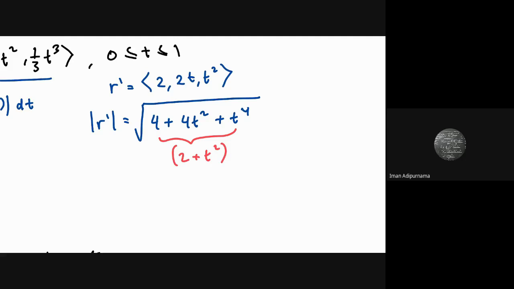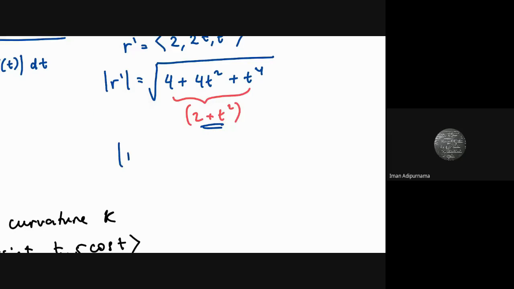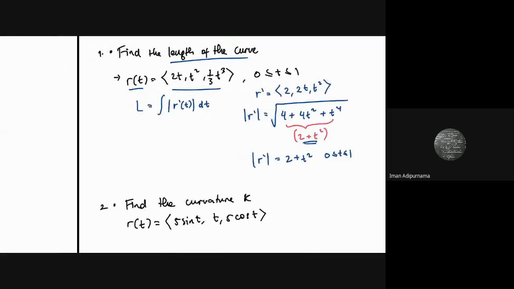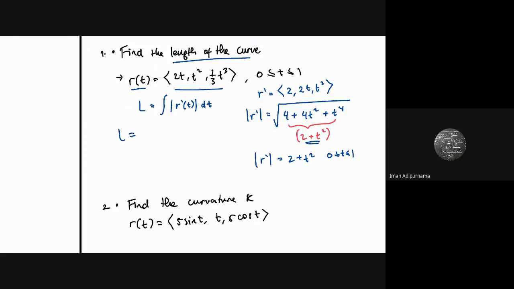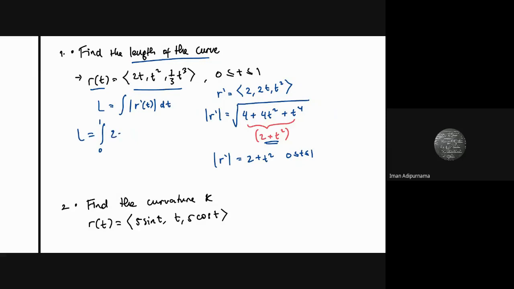If we check, it's correct, right? So let's write this as our answer. So our answer will be 2 plus t squared. Okay, this is for 0 to 1, and then we can use it to check with our solution for the integration of the arc length. Okay.